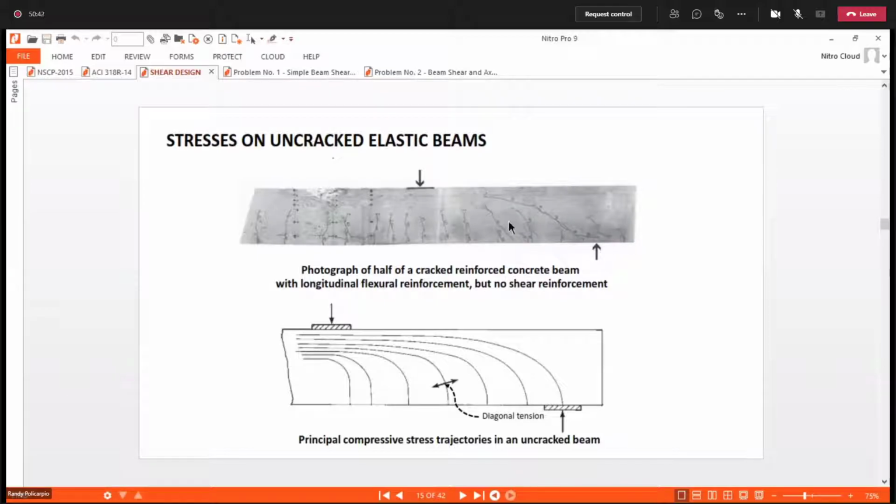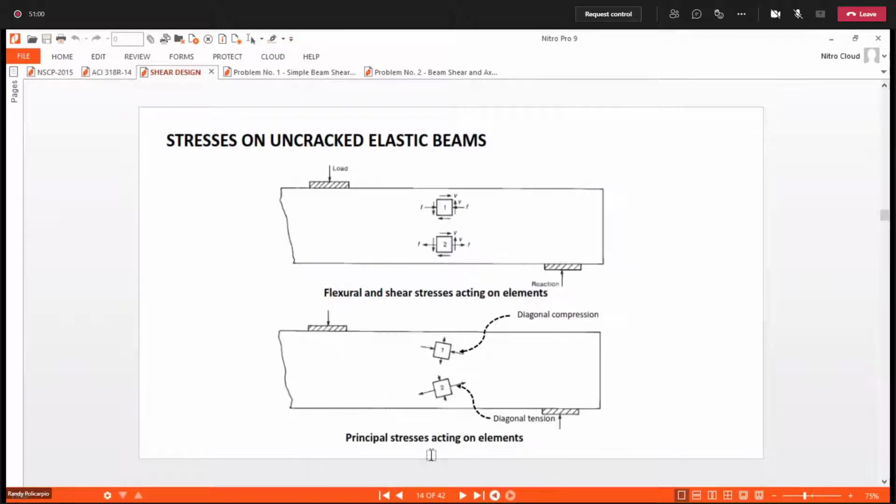Now, when our concrete cracks, what happens? It opens up, due to tension. Look here, when it cracks, our principal stress here is actually in tension. That is why our concrete opens up, because of the behavior of this principal stress.